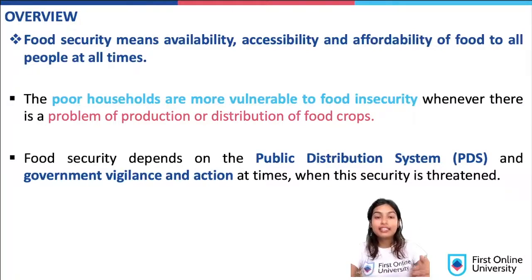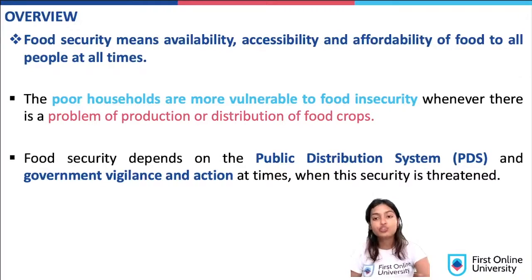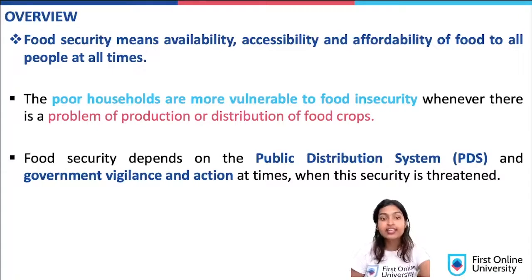The ones that need this in our country, India, are the poor people, and these poor people are more vulnerable, which means they fall under the category of those that do not get food, and hence they are the food insecure people. Food security in India depends on the main system, that is also called the public distribution system, and on the government's action at times when food security is threatened.